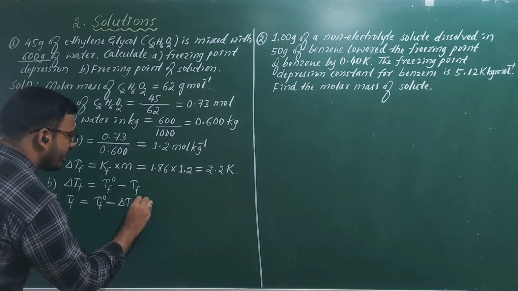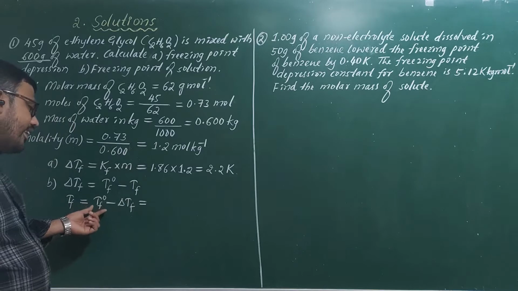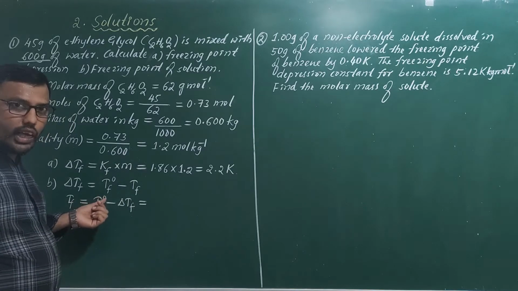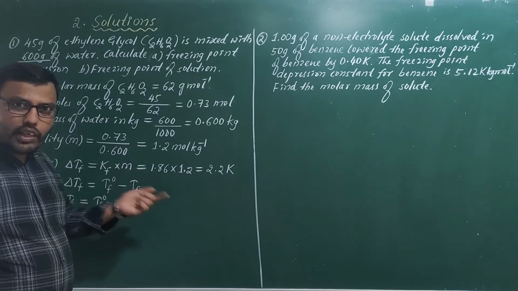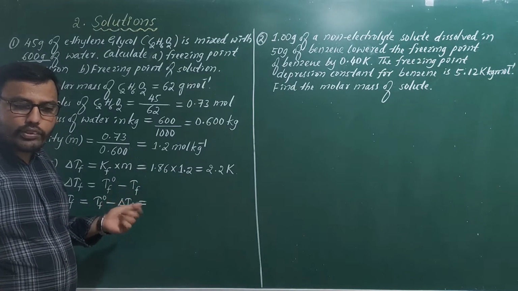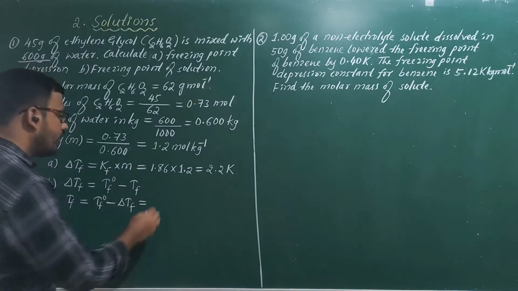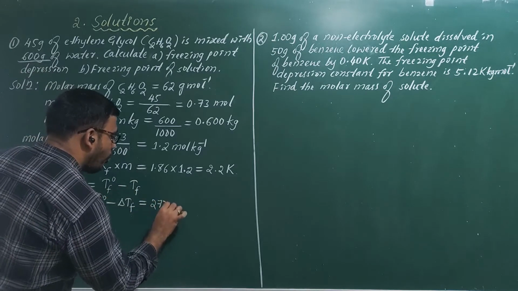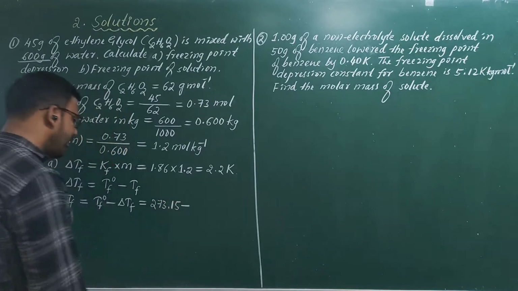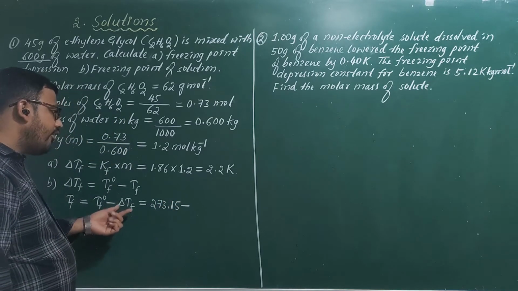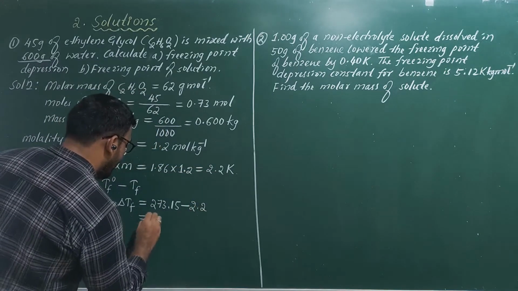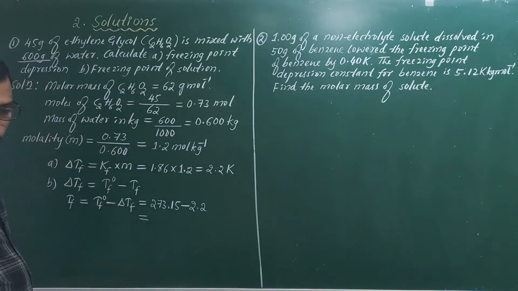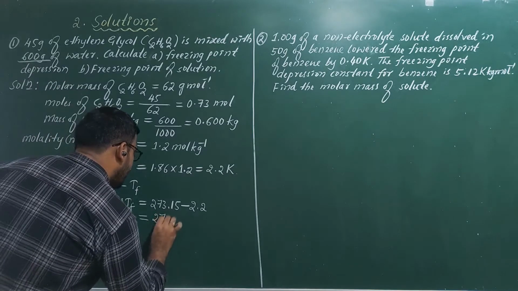What is Tf naught? It is the freezing point of pure solvent, which means freezing point of water. It is 0 degree. In Kelvin, it is 273.15. So I will substitute 273.15 minus the value of delta Tf, already calculated as 2.2 Kelvin. That is equal to 270.95.